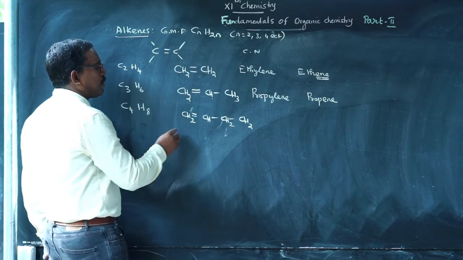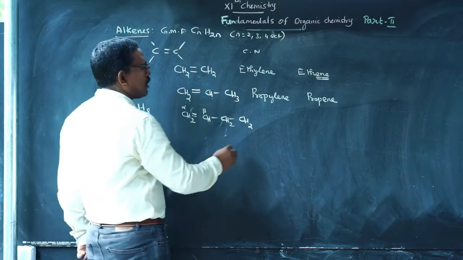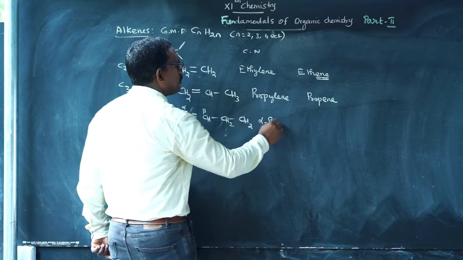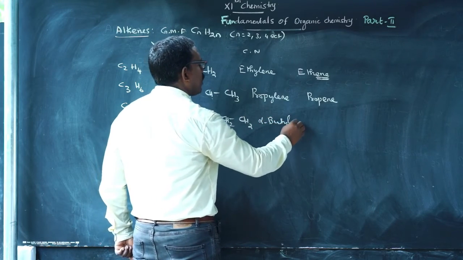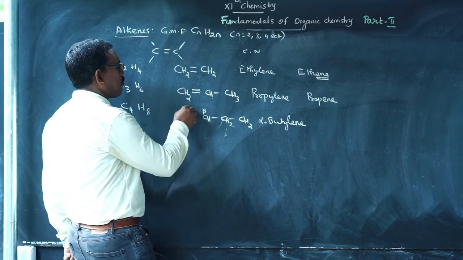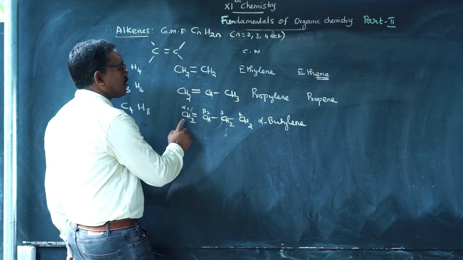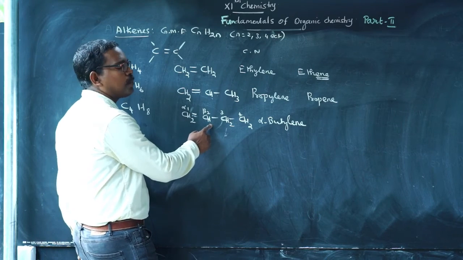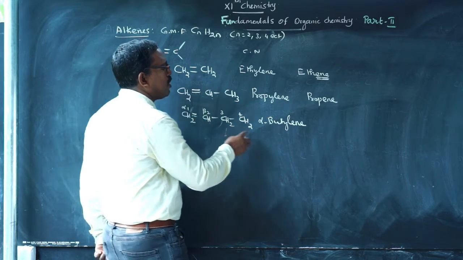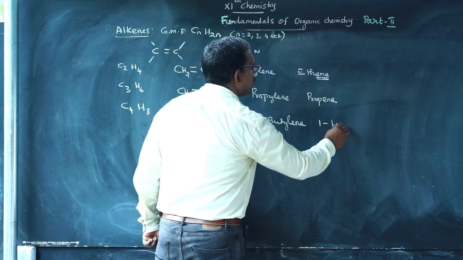For the common name, the first carbon is alpha, the second carbon is beta, therefore alpha butylene. Numbering the carbons 1, 2, 3, 4, the double bond is present in between carbon number 1 and 2, therefore we take the lowest number: 1-butene.